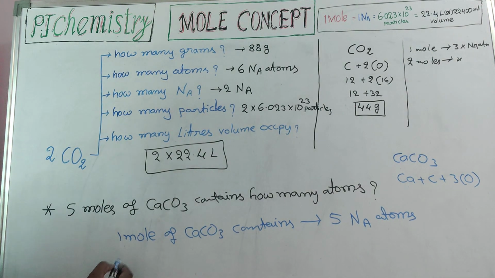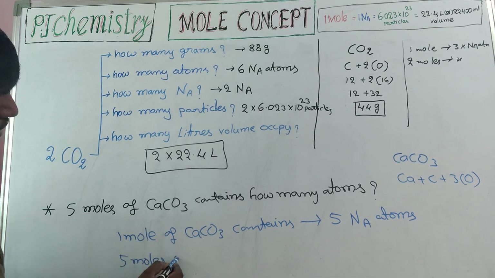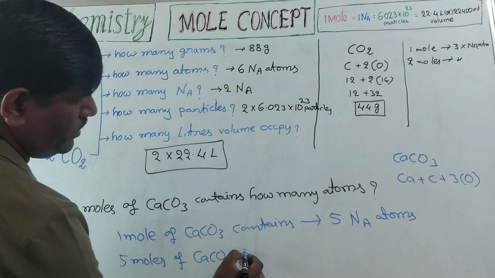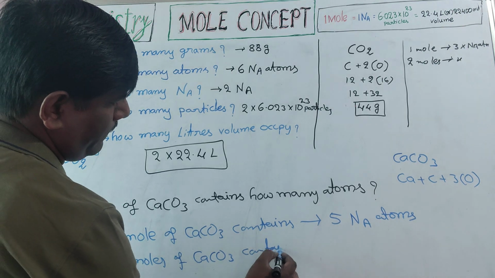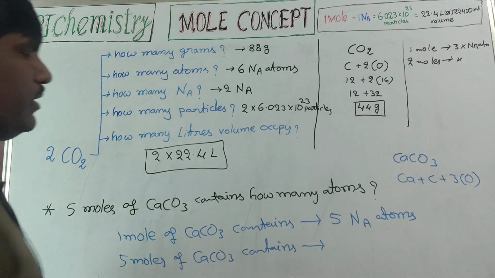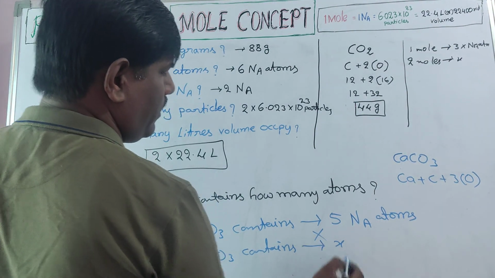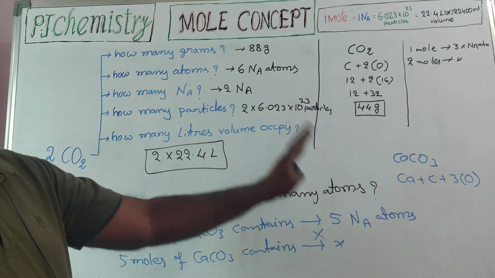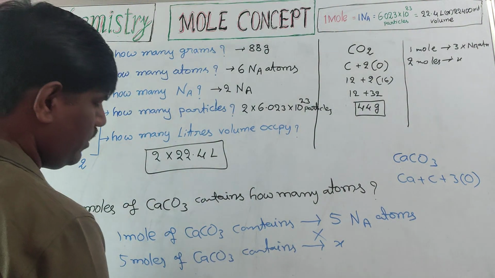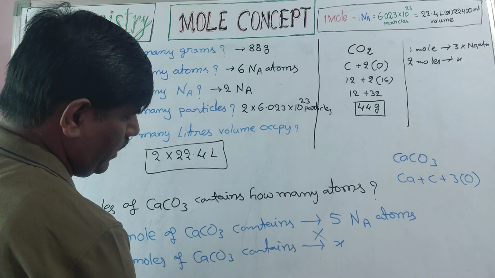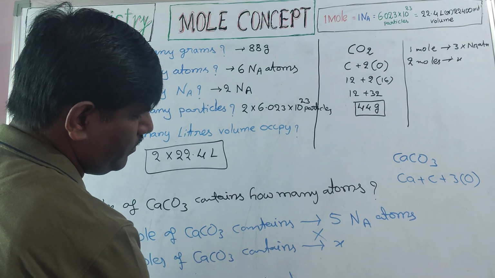Now, 5 moles of CaCO3 contains how many Avogadro number of atoms? Yes, cross multiply. 1 mole, 5; 5 moles, 5 into 5. Total 5 into 5 Avogadro number of atoms. 5 into 5 means 25.